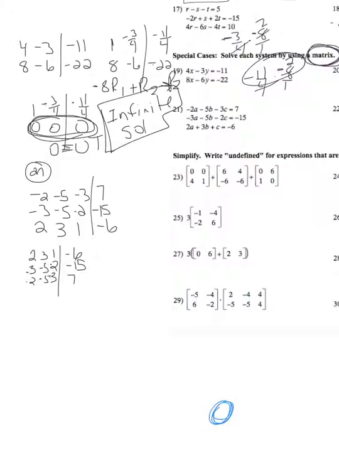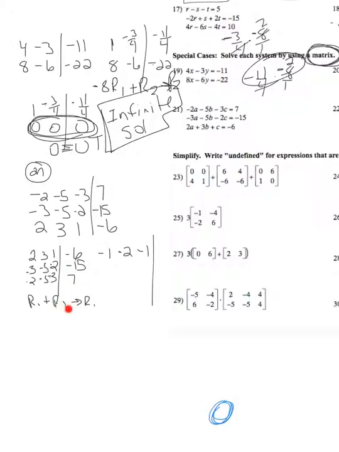Okay, so all I'm going to do is take row 1 and add it to row 2 and put that in row 1. I'm going to add those together and put it back up here, and that'll give me a 1 right there. It'll give me a negative 1, but I'll fix that in just a second. So I want row 1 plus row 2. So 2 plus negative 3 is negative 1. 3 plus negative 5 is negative 2. 1 plus negative 2 is negative 1.